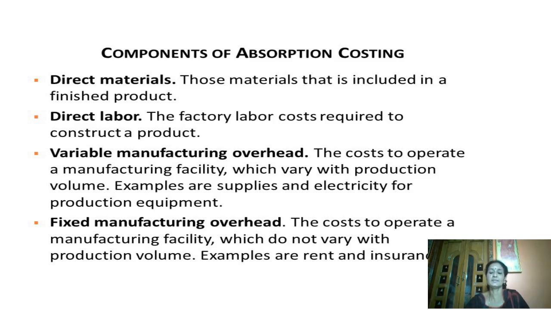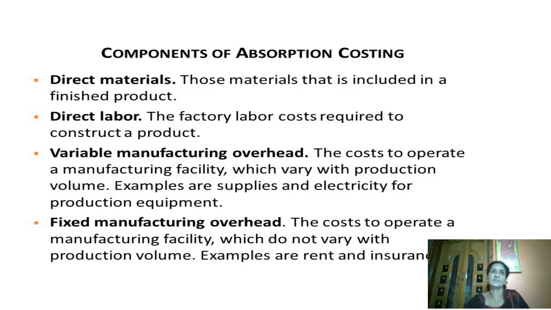Then what is fixed manufacturing overhead? The cost to operate a manufacturing facility which does not vary with production volume. Examples are rent and insurance. This also is clearly stated here: fixed manufacturing overhead, in spite of the number of units manufactured, it is irrelevant how many units you are going to produce, the cost will be the same.